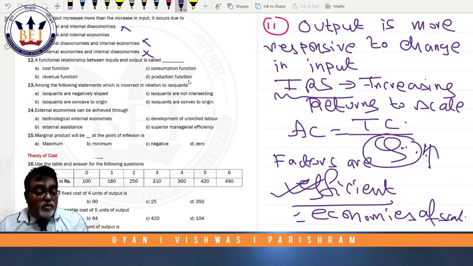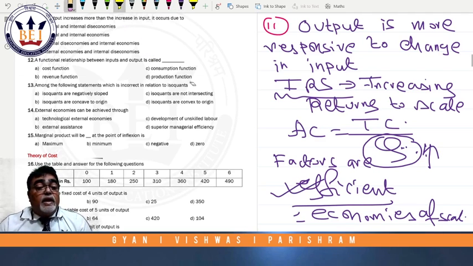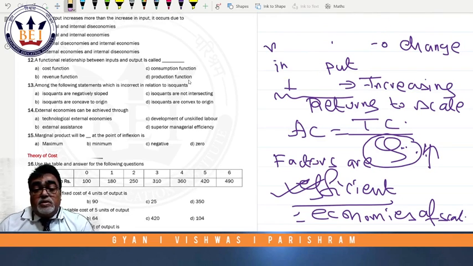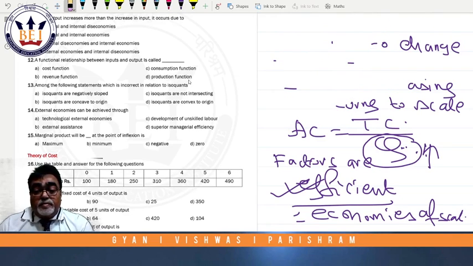This answer I have given you over here. Efficiency means economies of scale. So my ultimate answer should be external and internal economies. Means the answer is B. I believe I could explain this concept to you. Those who want, pause this and write down properly.